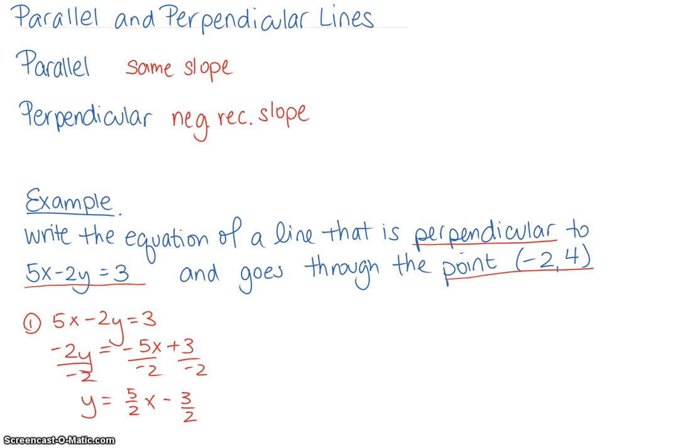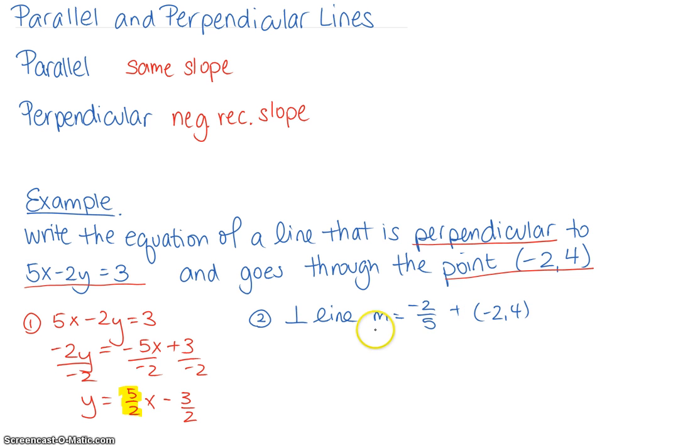Now that we have that, we can see that our slope currently is 5 over 2. The second thing we want to look at is now our perpendicular line. Its slope is going to have to be negative 2 over 5, the negative reciprocal. And it goes through the point negative 2 and 4.